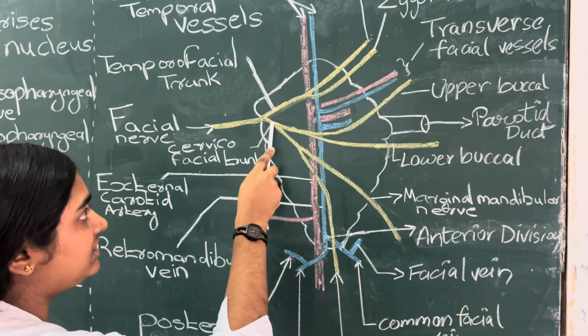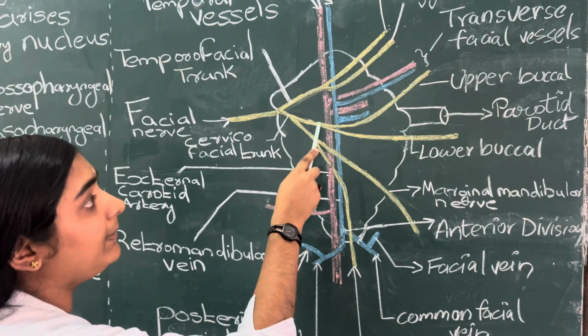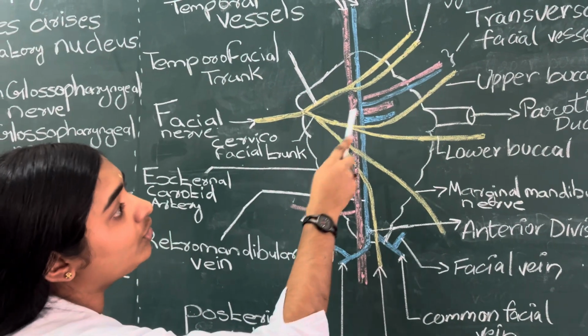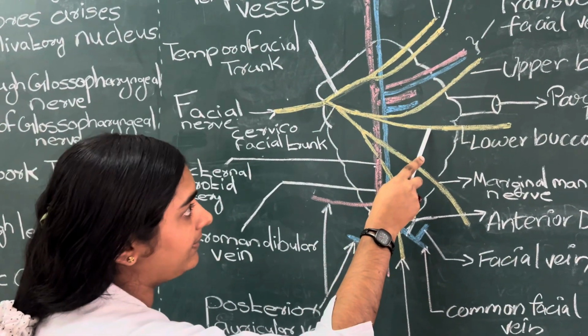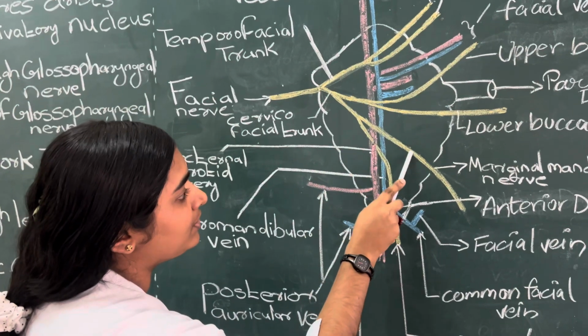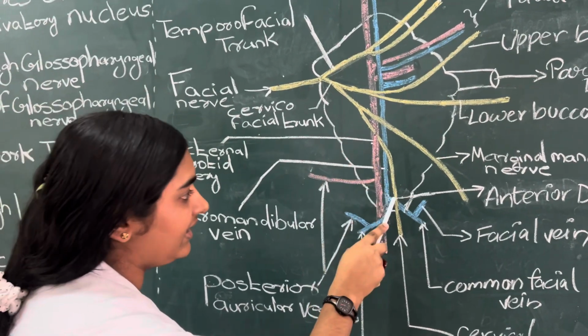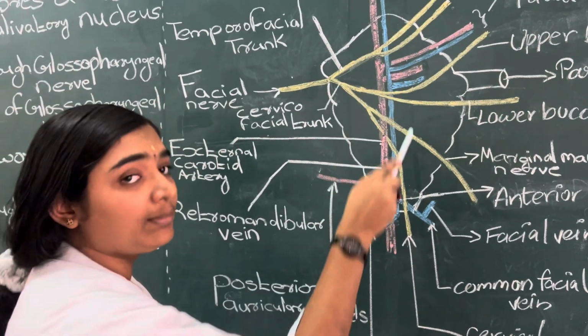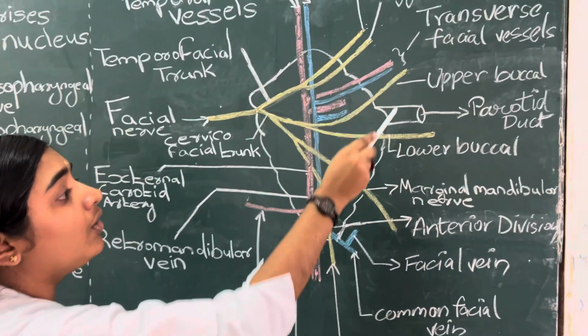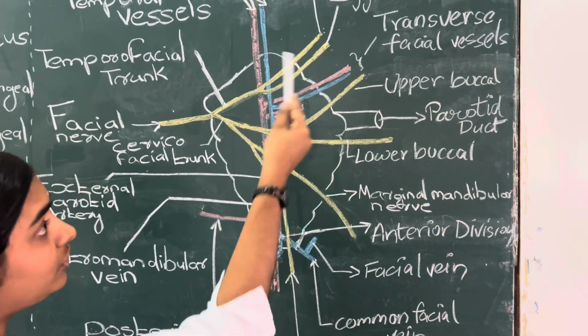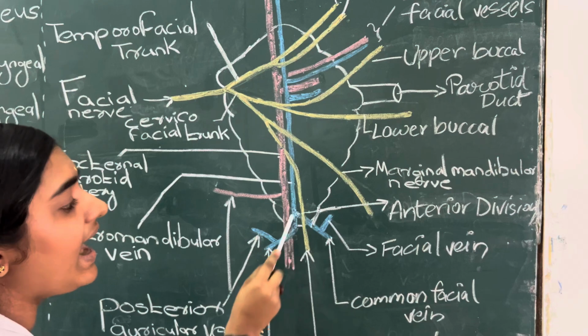The cervicofacial trunk divides into the buccal branch, which again divides into the upper buccal branch and lower buccal branch, then the marginal mandibular branch and the cervical branch. These 5 terminal branches emerge out through the anterior border and the apex.